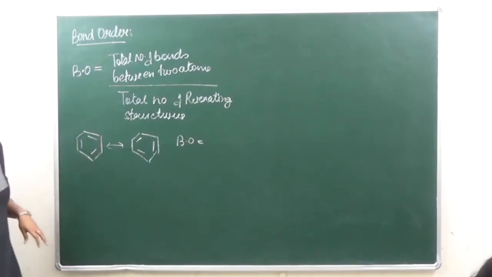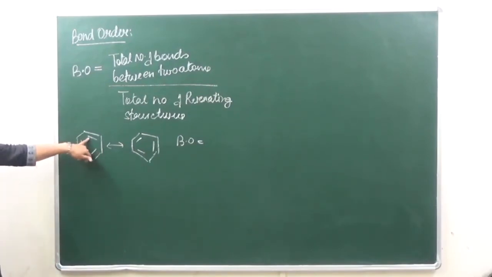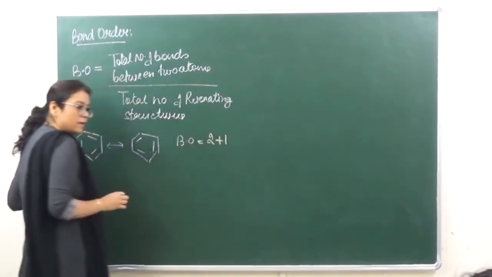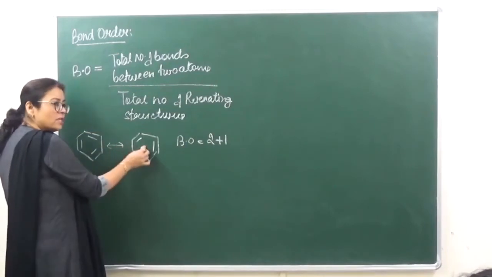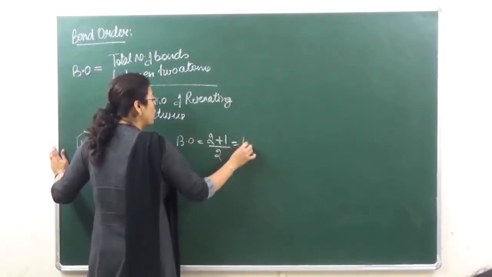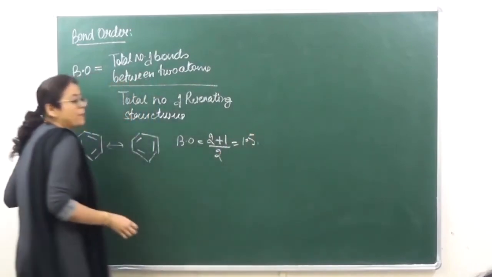So what are the total number of bonds over here? 2. There are going to be 2 bonds, right? And there is 1 bond. Okay, so this carbon it will have 2 plus 1. And how many resonating structures? There are 2 resonating structures. So divided by 2, the bond order comes to 1.5.